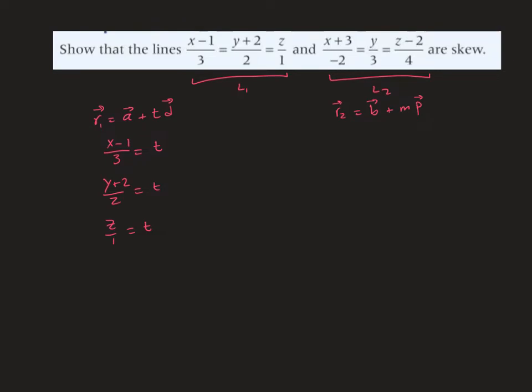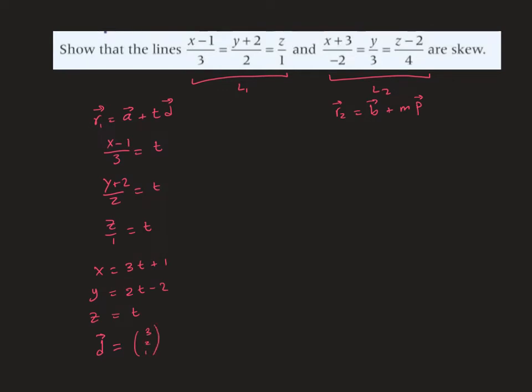Meaning that my equation for x is going to be 3t plus 1. For y is going to be 2t minus 2. And for z is going to be t. Immediately we can see that the direction vector d in this case has coordinates (3, 2, 1).